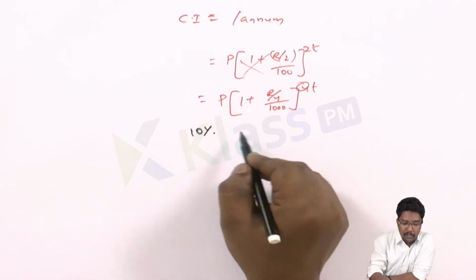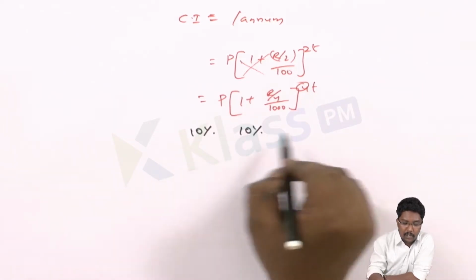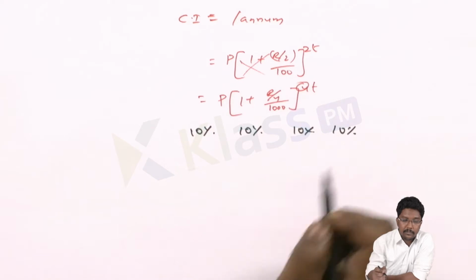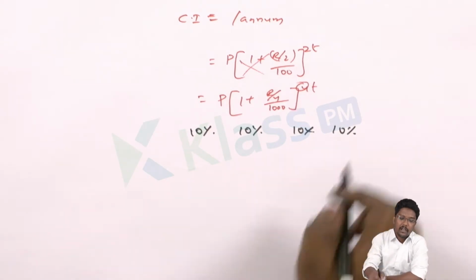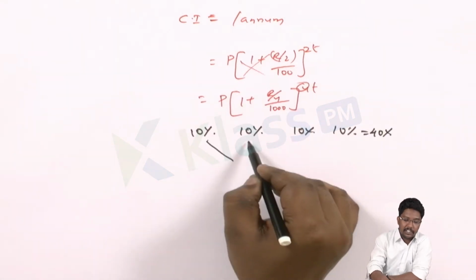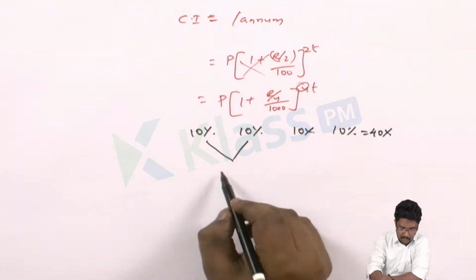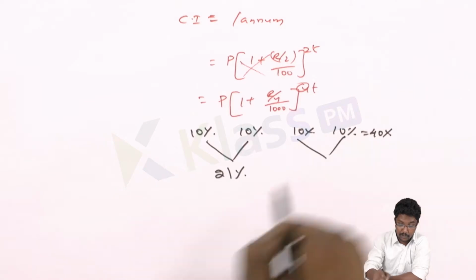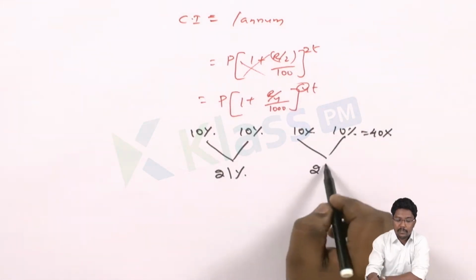Okay, same problem, 10%, 10%. For 4 years I am calculating. For simple interest it is 40%. For compound interest, first I will calculate the successive percentage for these 2. It is 21%, and the successive percentage for these 2 is 21%.